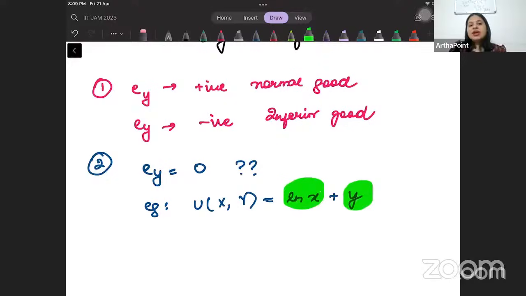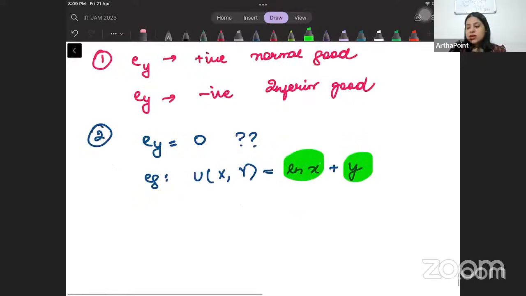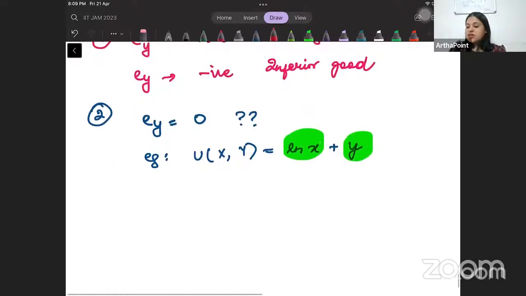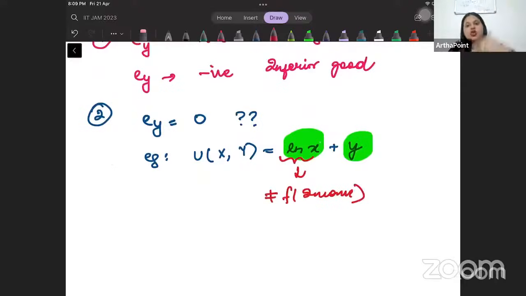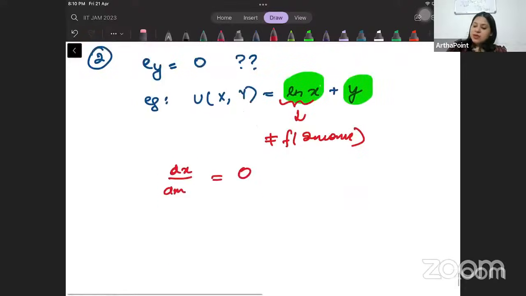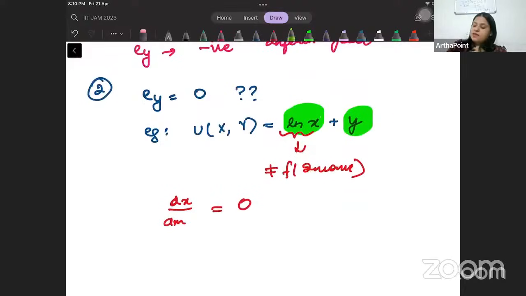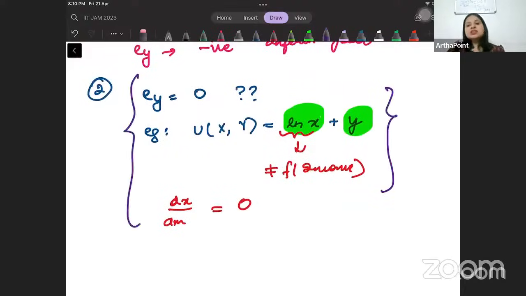Then beta, what happens in such case? In such case, the demand of x is not a function of income. So whether my income increases or decreases, I will always demand the same. So change in x when income changes will be zero. So elasticity will also be zero. So this is an important example to remember when elasticity of income is zero.